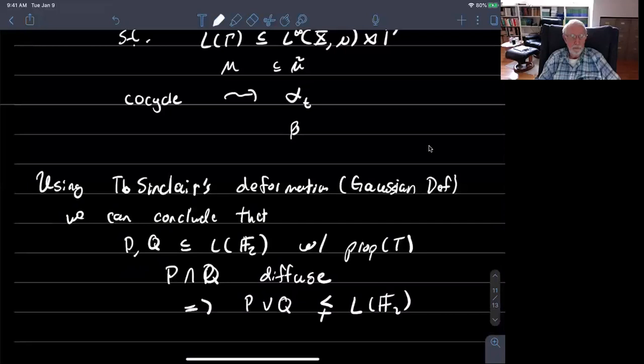We copy the same proof, and that is, in essence, the power of Popa's deformation rigidity theory. I can take exactly what I wrote on one page and copy it over into this land.